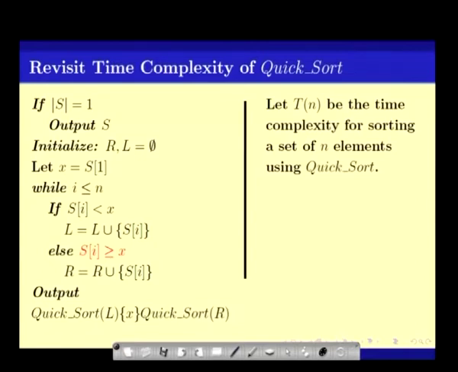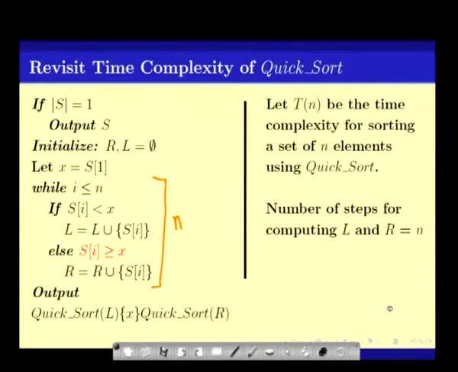So, let T n be the time complexity for sorting a set of n elements using quicksort. Now, to split this whole set S into L and R, we required around n steps here. So, the number of steps required to split it into R and L was n, and then we called quicksort L and quicksort R recursively.